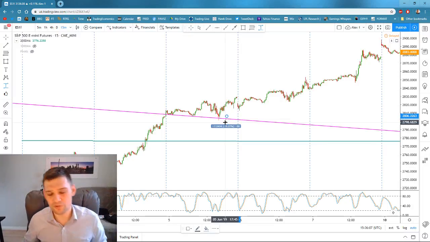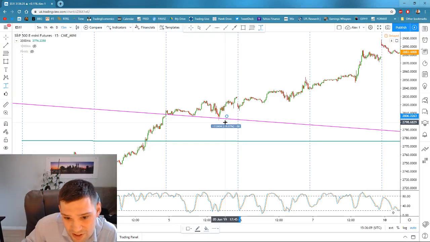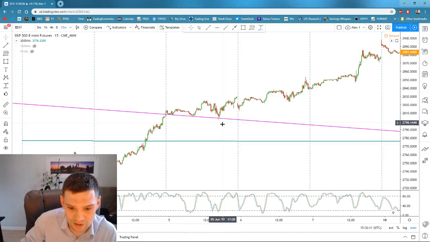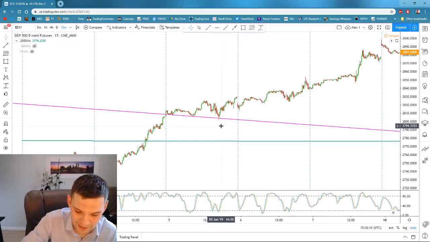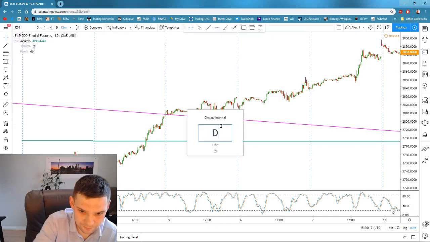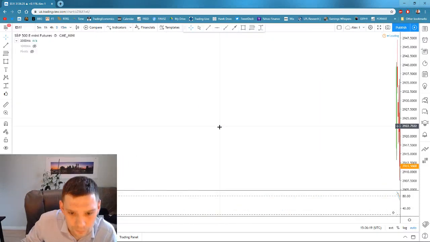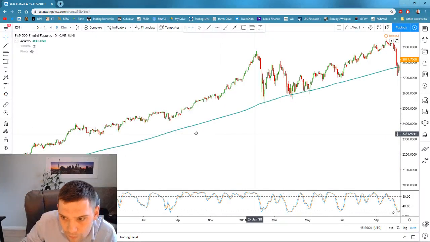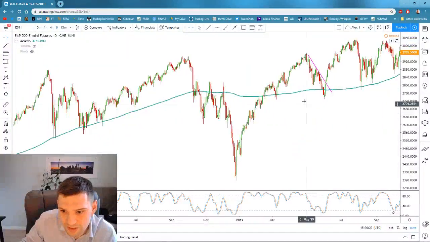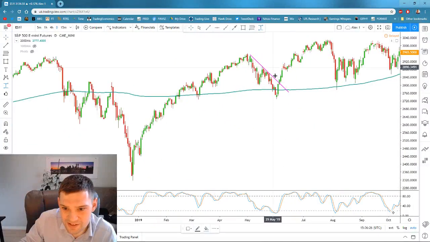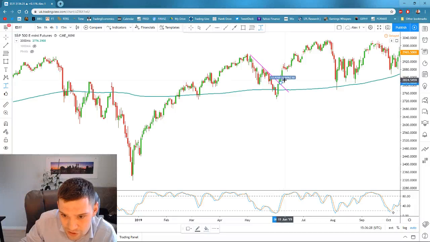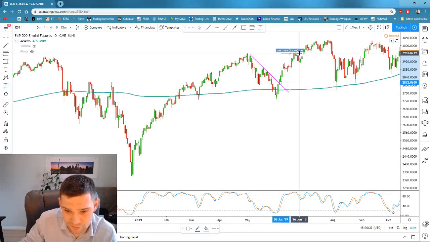Instead of risking sort of 70 points, we're now risking 7, right? So we're now risking 7 points. I'm going to go back to the daily. So we're now risking 7 points for that same, on this trend line break, and then for that same 150 points.